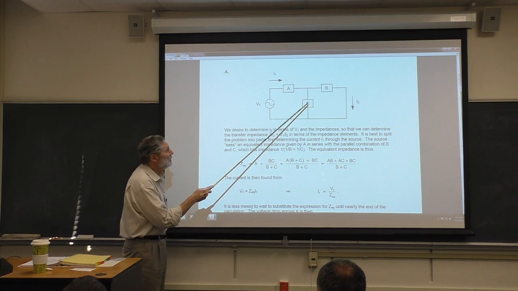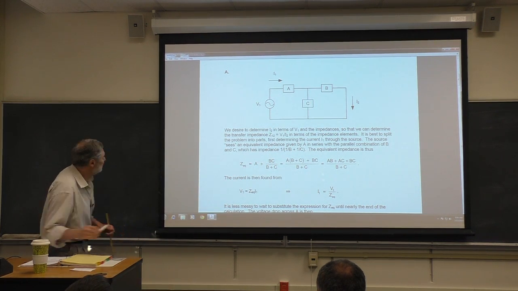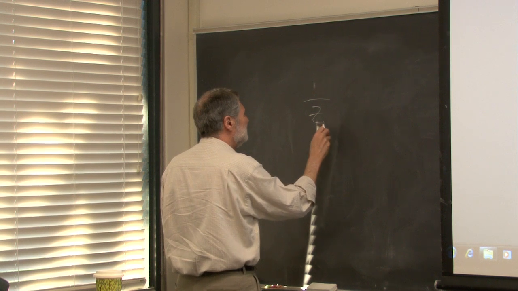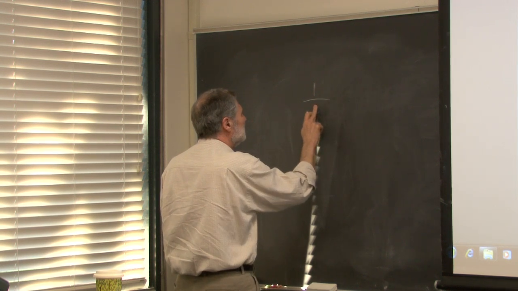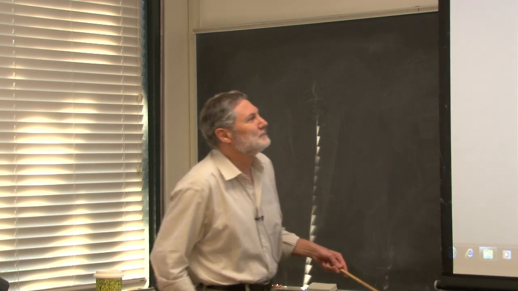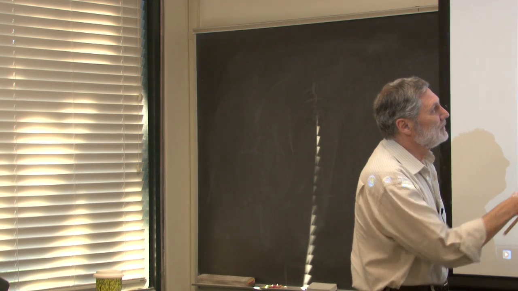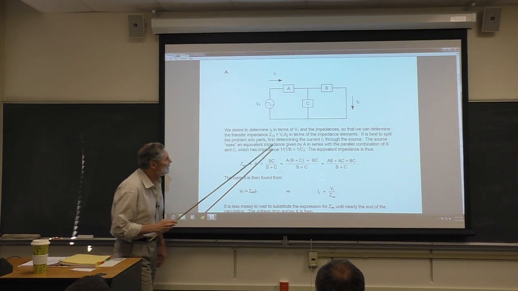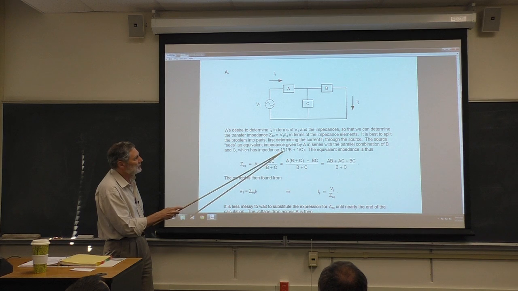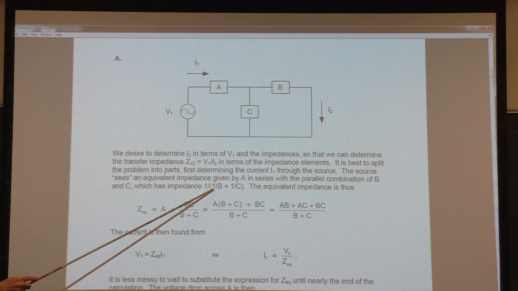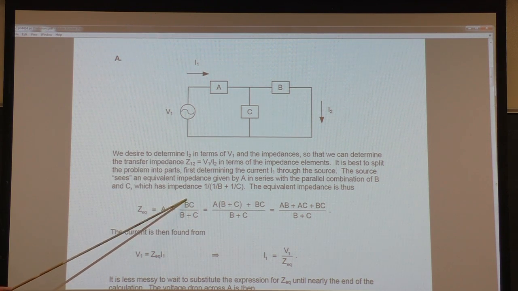So 1 over the equivalent impedance, let me call this B, I don't know what to call this, 1 over the equivalent impedance of this is 1 over B plus 1 over C. So therefore, and I've written it right in here, you've got to remember this is 1 over 1 over, so when we clearly did not simplify this, we multiply through by BC, we get this.